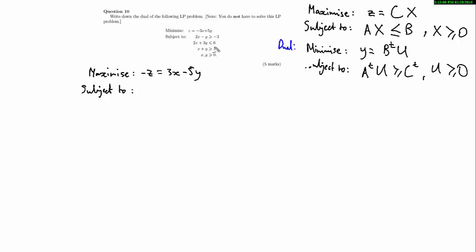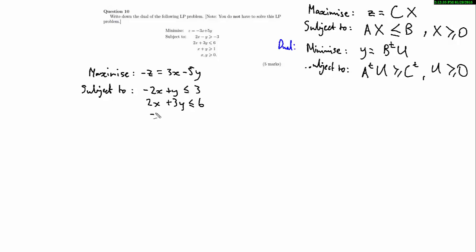So to make these less than or equal to signs, we multiply both sides of the inequalities of constraints 1 and 3 by -1. So that'll give us -2x plus y is less than or equal to 3. The second constraint remains the same, but we'll rewrite it anyway, just so that we've got it in nice columns and rows.